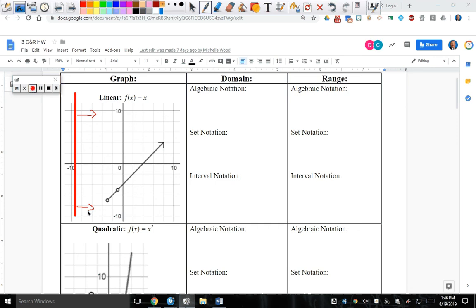What's the domain? Anyone? What's the domain in interval notation going to be? Some of you are analyzing and looking at how much each of these lines represents. You tell me, how much does each of those lines represent? 2. Okay? So Nika, what would the domain be?